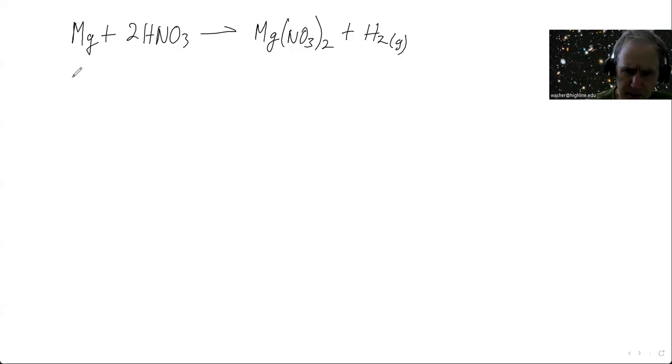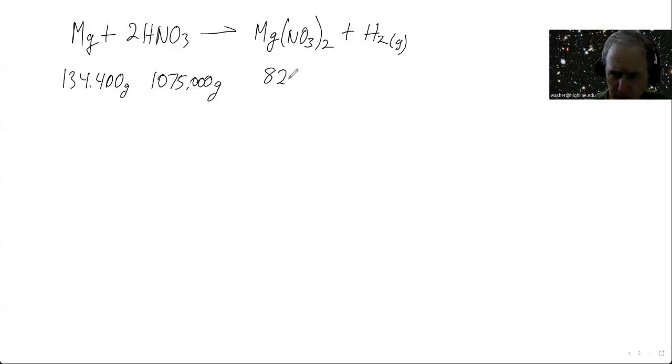And I have 134.400 grams of magnesium, and it reacts with 1075.000 grams of nitric acid. And I produce 820.130 grams of magnesium nitrate and 11.148 grams of hydrogen.